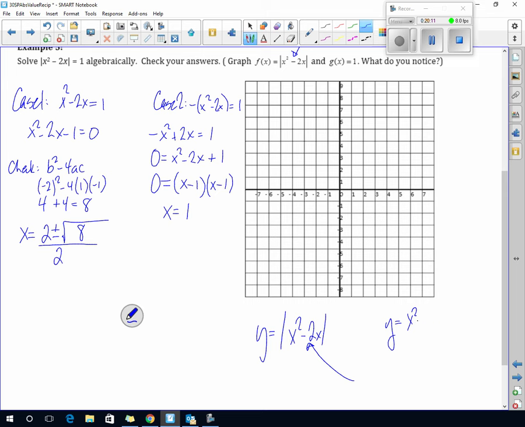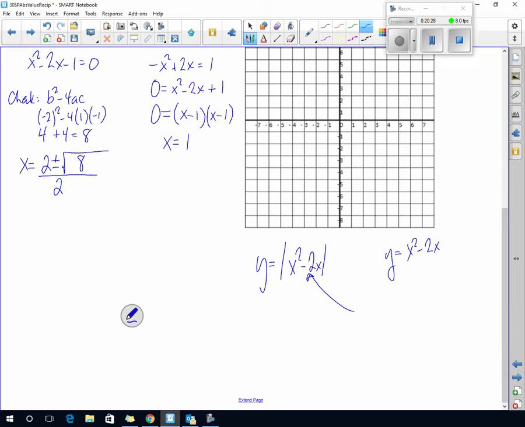Well, in order to graph a parabola, we know it's opening up, right? It's not stretched, but how am I going to get the vertex if it's shifted over or anything like that? We need to complete the square. So what's half of minus 2? Minus 1 squared is plus 1.